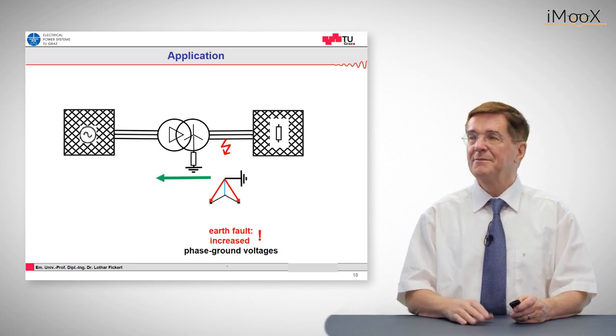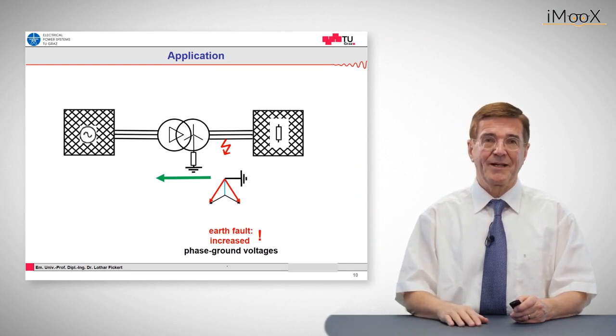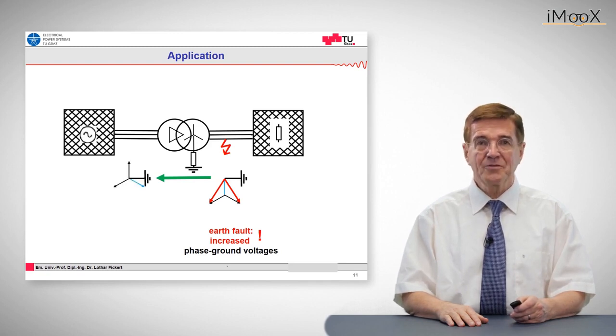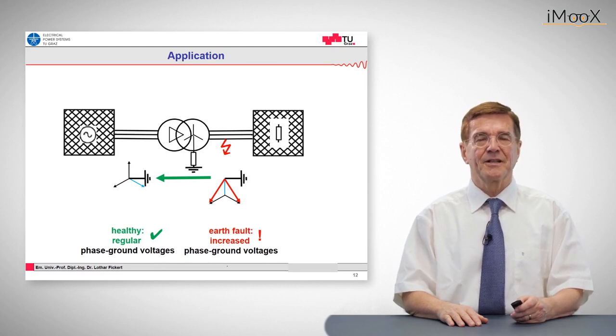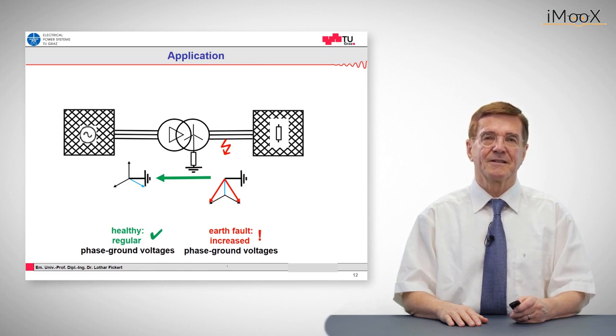And this is done by this vector group and vector arrangement of the transformer windings, which in this case is delta Y. So if you have a delta Y transformer, the primary side voltage is not disturbed, not afflicted by this fault, and we have healthy and regular phase to ground voltage. And this is the reason why we have transformers with different and adjusted vector groups.